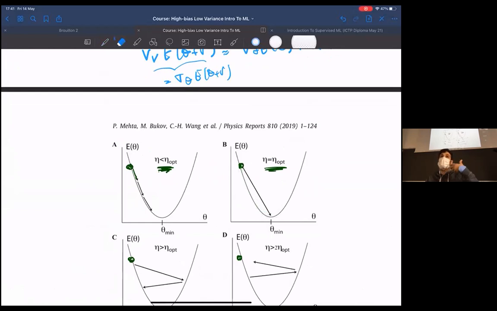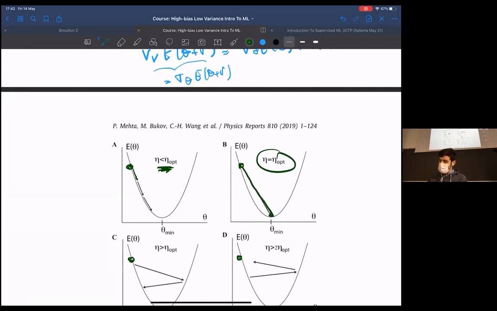If you were able to compute the second derivative of your function, you get information about the curvature. This is what the Hessian contains. Here the Hessian is just the second derivative, since it's a one-dimensional function. And if you have access to this second order information, you are able to select the optimal learning rate, and then you can reach the minimum in one step.